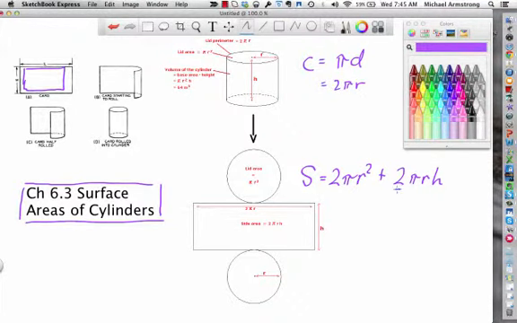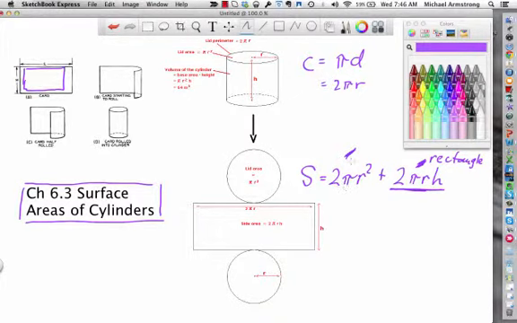So 2 pi r is this length of this side, and the height, so 2 pi r times h is the area of the rectangle right here.